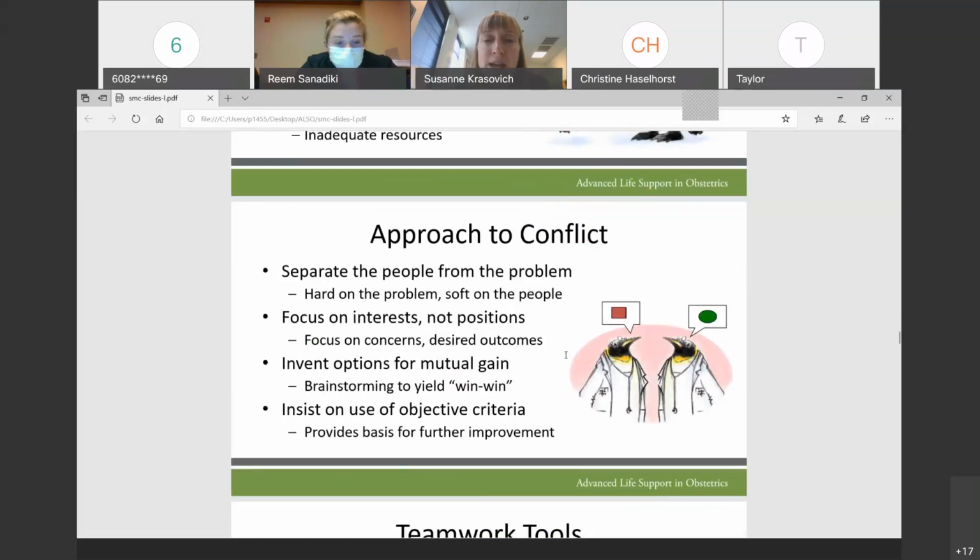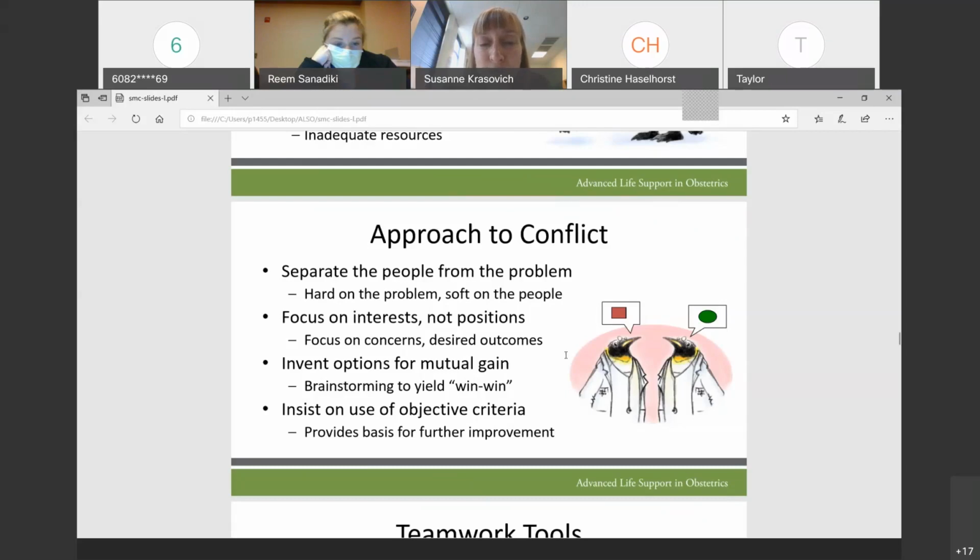So how do you approach that? Well, the first thing is you want to separate the people from the problem. So we say you want to be hard on the problem, soft on the people, rather than making it about an individual, really trying to address what exactly the problem is and what the best solutions are. You want to focus on interests, not positions. So how do we get to a certain outcome, or how can we focus on a particular concern rather than digging into a specific position?